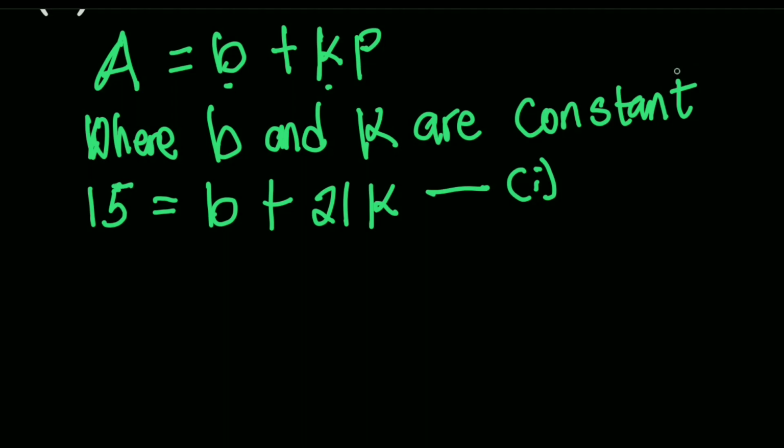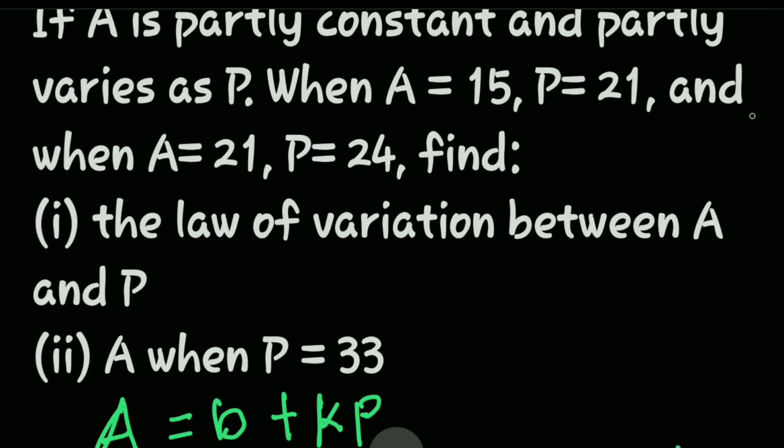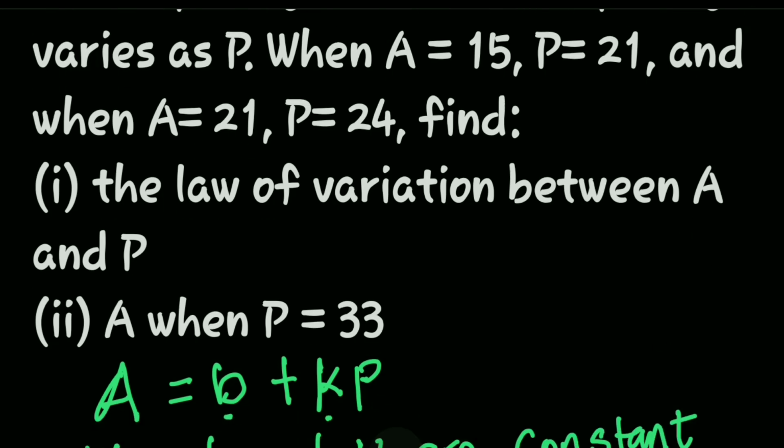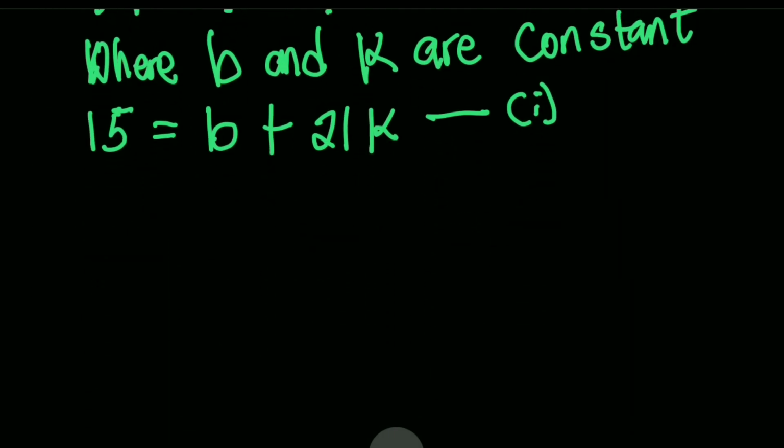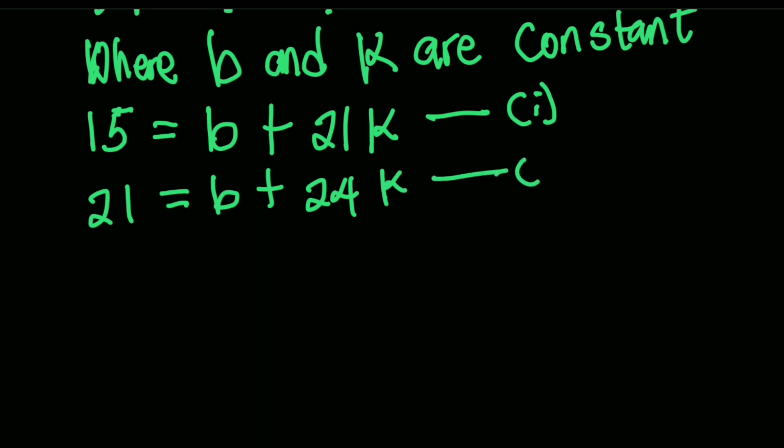The next expression given to us: when A is 21, P is 24. So we substitute: 21 equals B plus K times P, that's 24K. And so we call this equation 2.